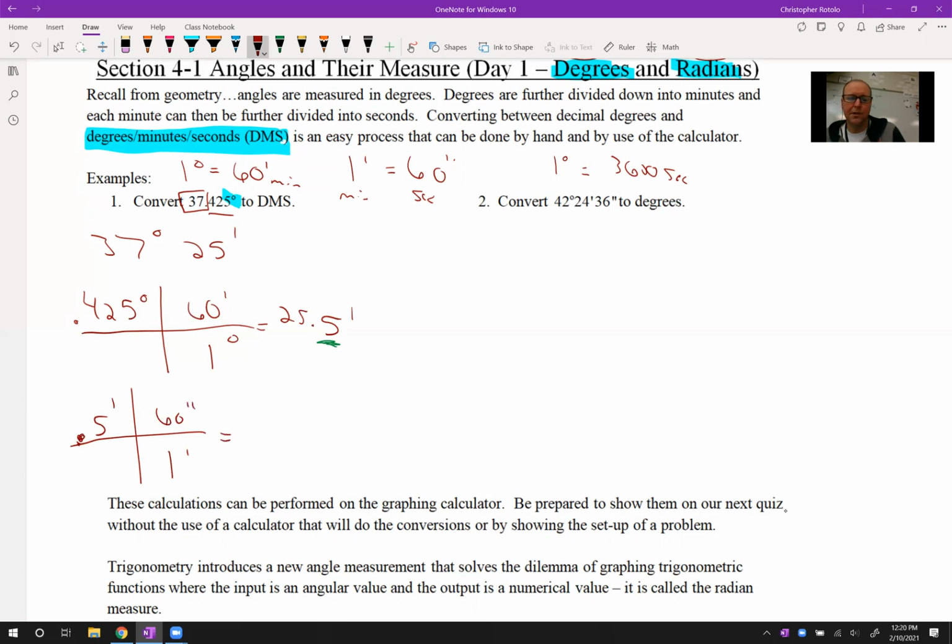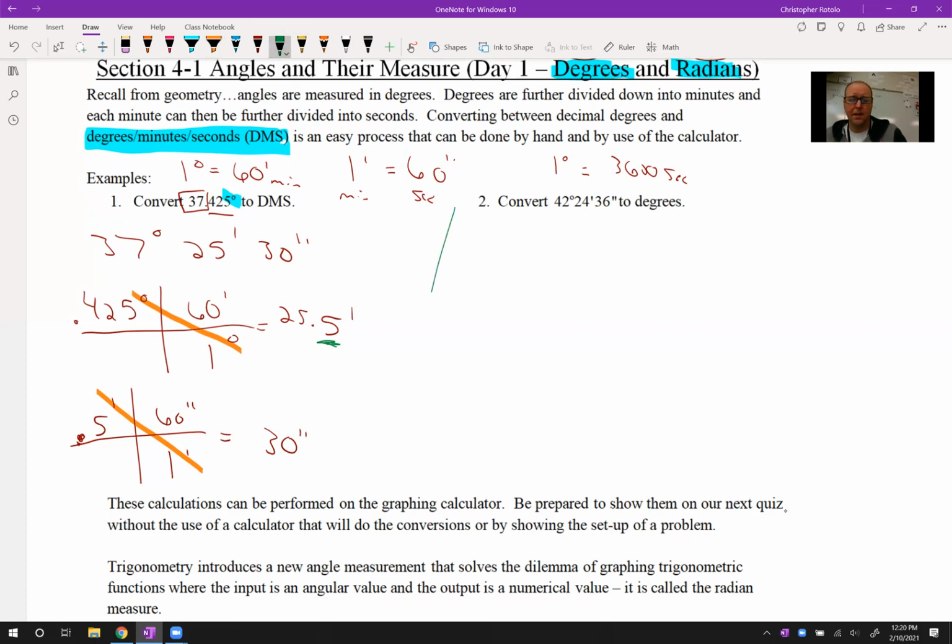All right, there's a decimal point on this one. So half of a minute is 30 seconds. So what we're going to do is change this out and make it 30 seconds. All right, so we're going to keep multiplying those essentially by 60 and making sure our factor label, right? I'm always trying to take out degrees, and here I'm trying to take out the minutes. All right, so we could do that over and over, or we can just take our time and use that as an example.